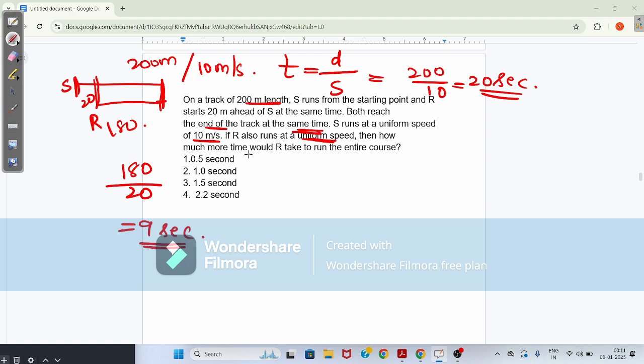Then how much more time would R take to run the entire course, that is, the time required for R to cover these 20 meters? So you have to divide 20 by 9, that equals 2.2 seconds. So R takes 2.2 seconds more, and that is the fourth option here.